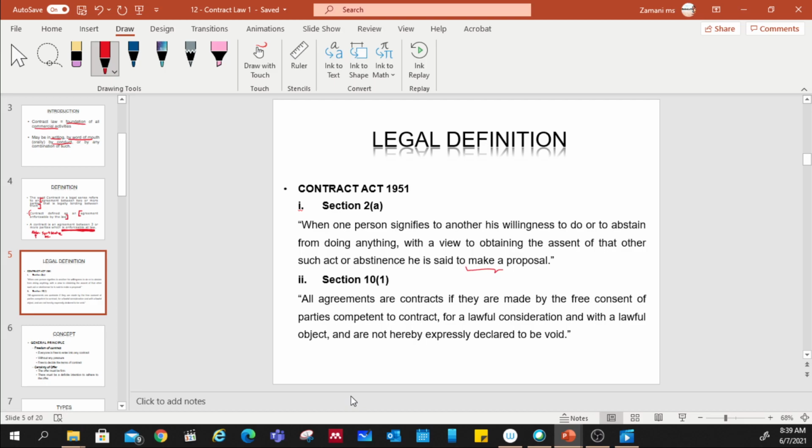Then all agreements are contracts if they are made by the free consent of parties competent to contract. Competent to contract means the person is okay to do it, he's willing to do it, and there's no issue for him to complete the contract, for a lawful consideration with a lawful object, and not expressly declared to be void.